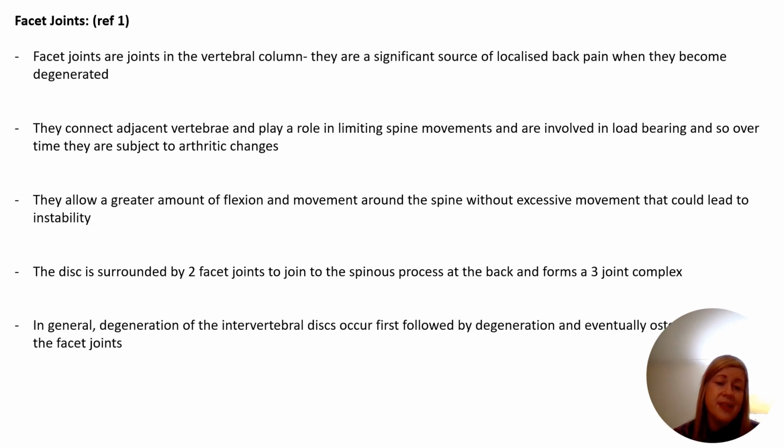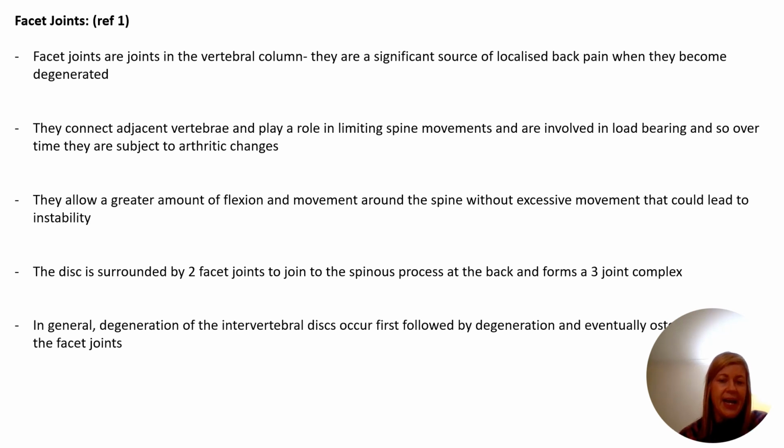The facet joints are joints in the vertebral column, and they can be a significant source of localized pain. So you might have heard of facet joint arthritis or facet joint changes. They essentially connect the vertebrae with the spinous process of the back. So the bony bits you can feel in your back, the facet joints join the vertebrae or the front part to the back part, and they are subject to arthritic changes.